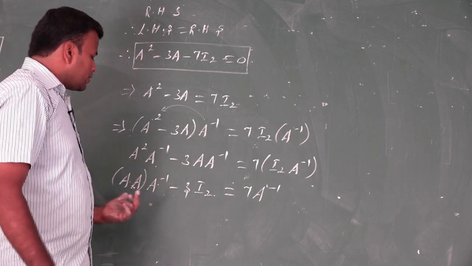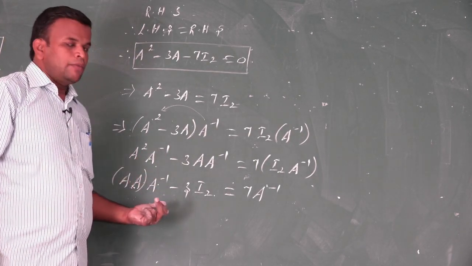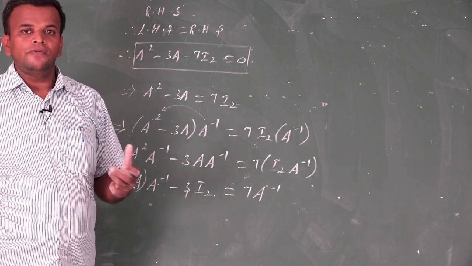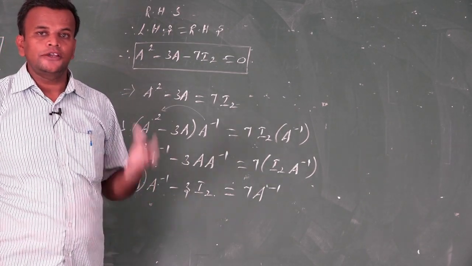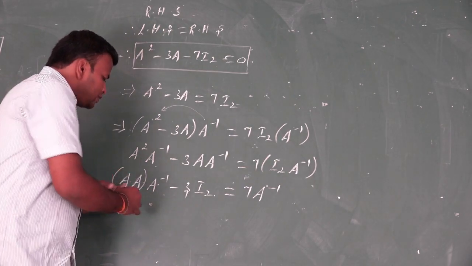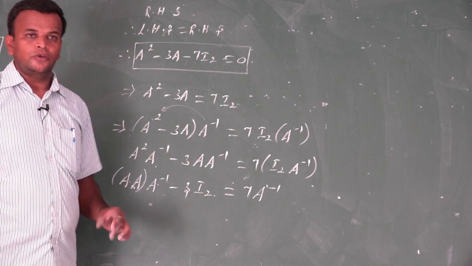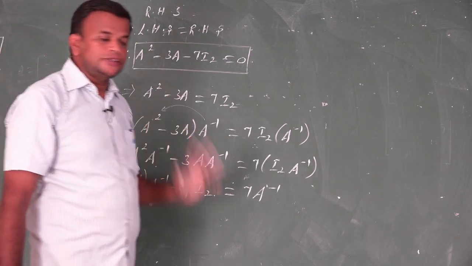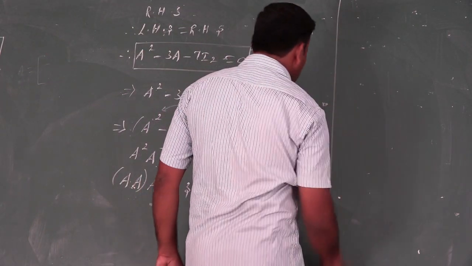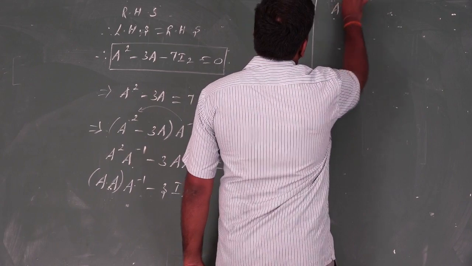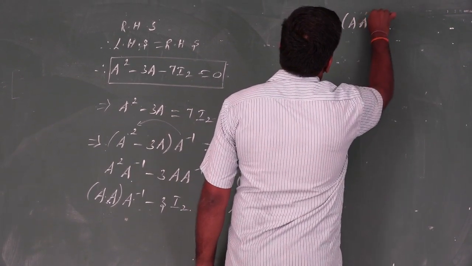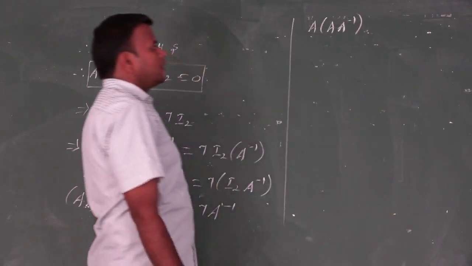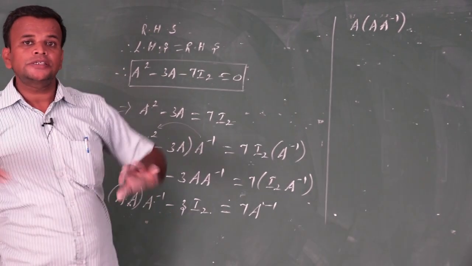You know, in our lower class, we already see matrix multiplication is always associative. Associative means we modify the bracket in any manner. Okay? So A into A inverse. So now I write this as A into A inverse, because matrix multiplication is associative.